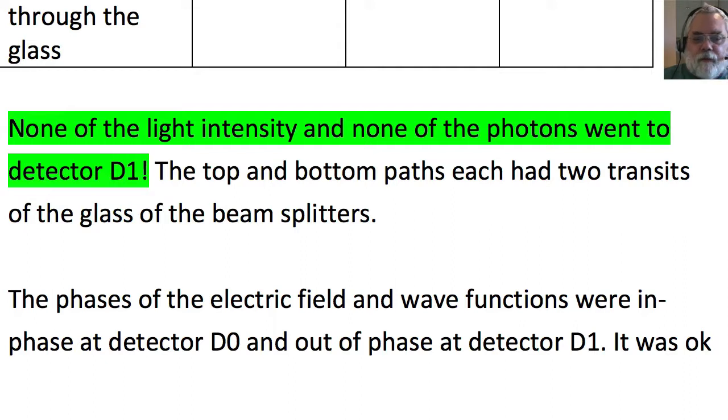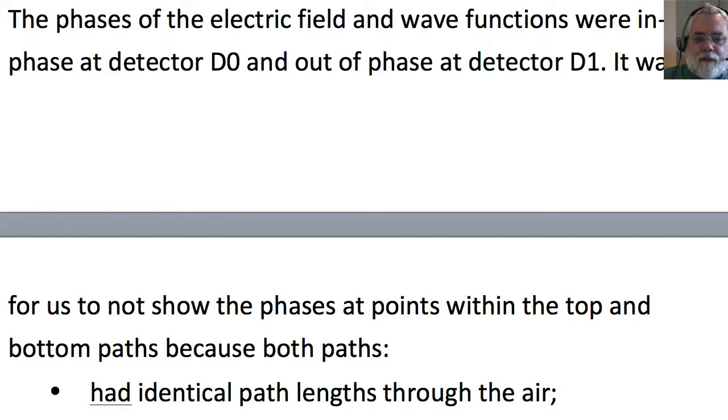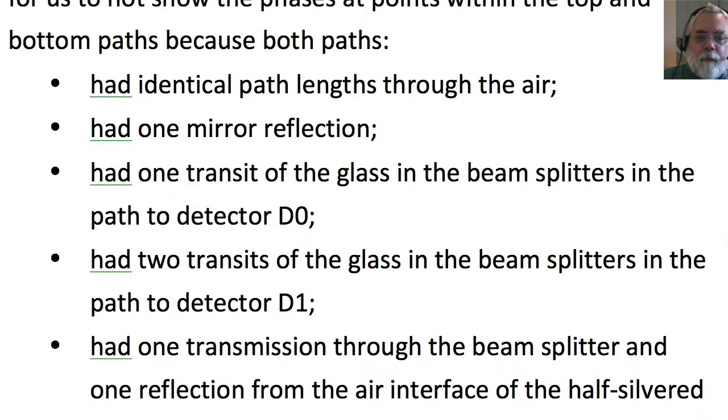The phases of the electric field and wave functions were in phase at detector D0 and out of phase at detector D1. It was okay for us to not show the phases at all the points within the top and bottom paths because of the following. Both paths had identical path lengths through the air. We constructed the experiment that way. Both paths had 1 mirror reflection.